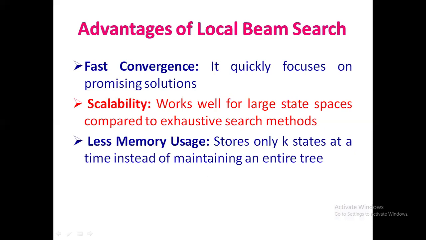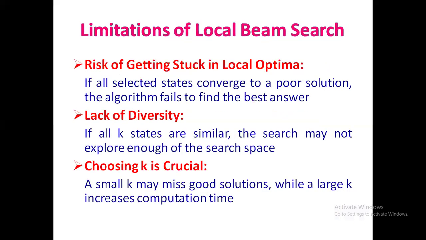Even though it has advantages, it also has some disadvantages, which we call limitations. One major drawback is the risk of getting stuck in local optima, where all the selected states converge to a suboptimal solution instead of the global best.